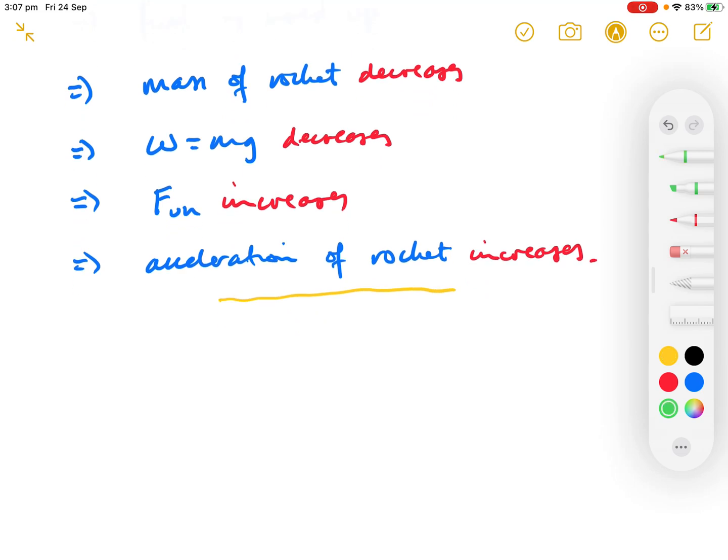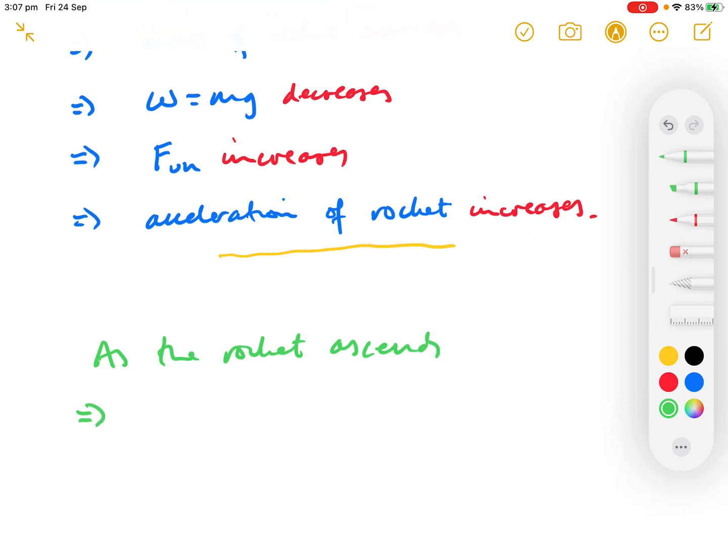There is a second reason the acceleration would increase, so it has some new reasoning here. This time, as the rocket ascends, that means basically that it's getting higher up, and as it gets higher up, g, the gravitational field strength, decreases.